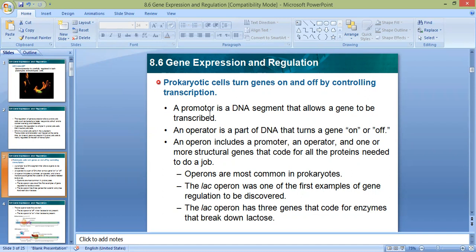So the enzyme must find the promoter to start the transcription. Okay? Now, next to the promoter I have the operator. And the operator, we said, turns the gene on and off according to the need of the cell for a certain protein.